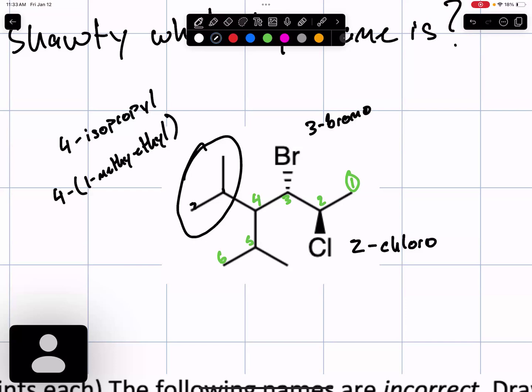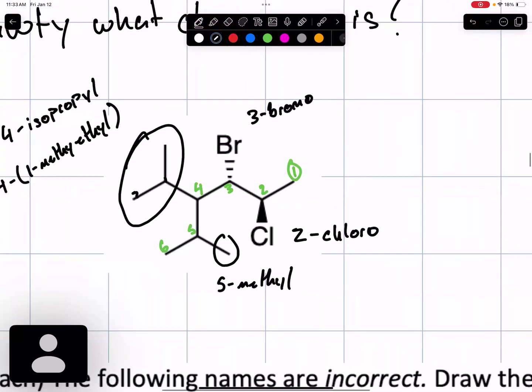And lastly, on number 5, 5-methyl, right? So if I was to arrange this, how long is the chain? 6, right? So it's a hexane.